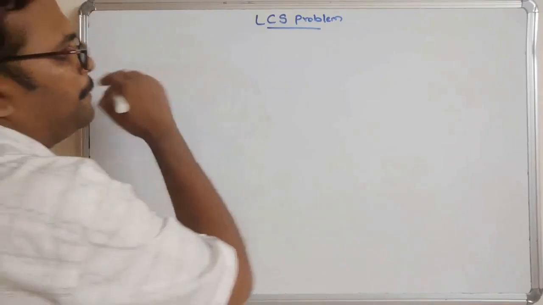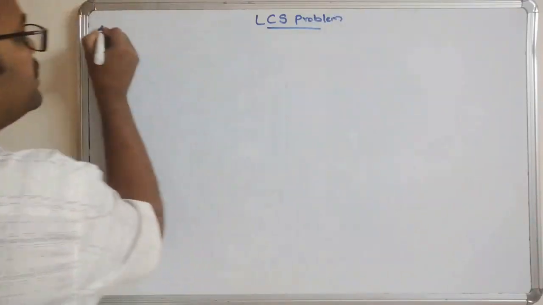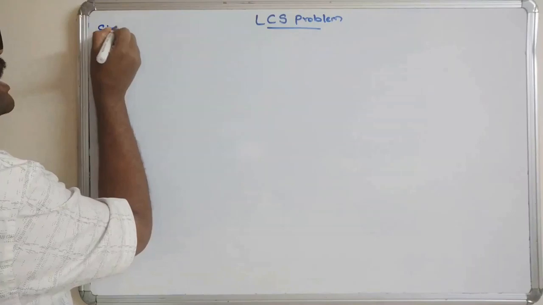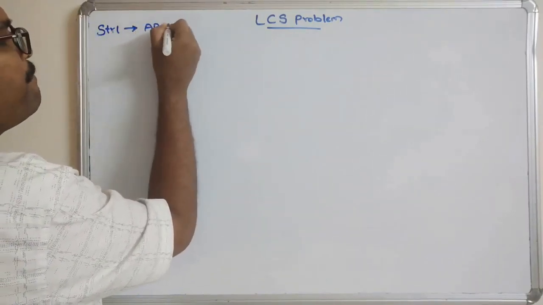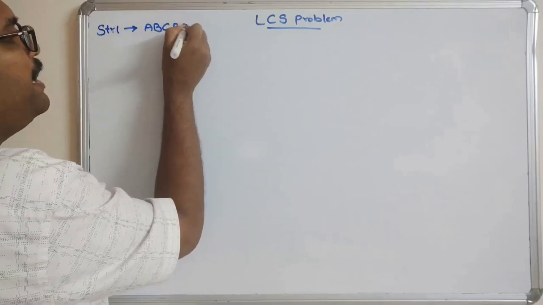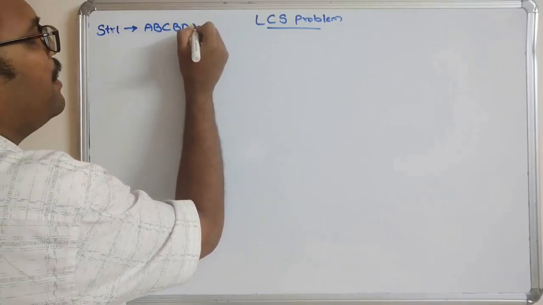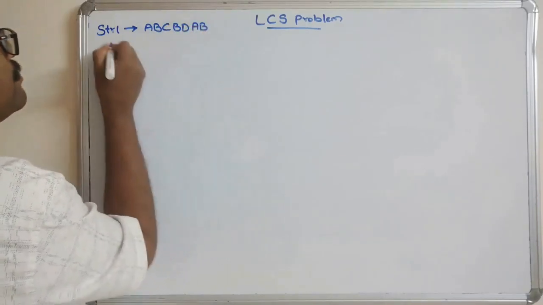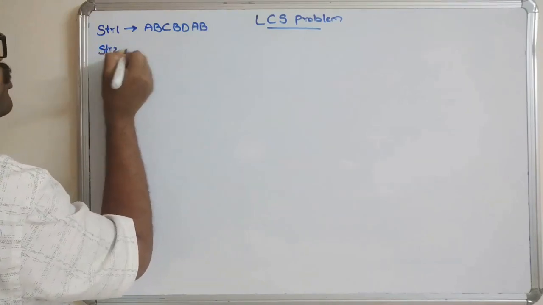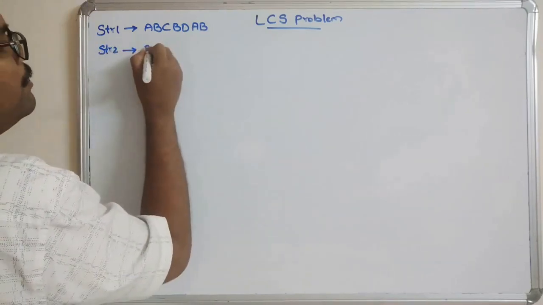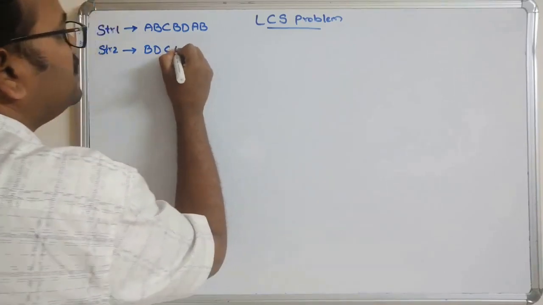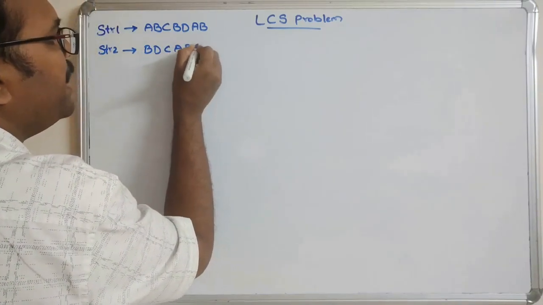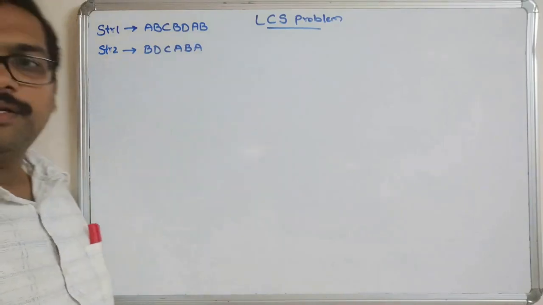Let us take the strings. Consider str1 as ABCBDAB, and string 2 as BDCABA.